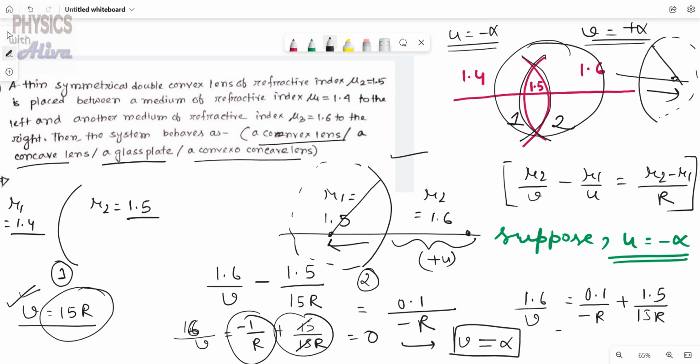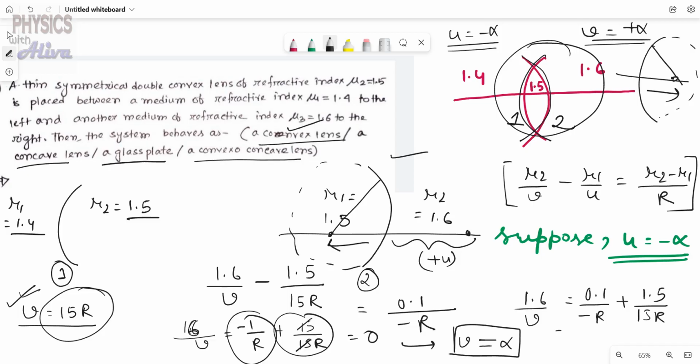Only for a glass plate can we see that the object distance and the image distance are the same. If we put the object at infinity, we observe the image also at infinity.